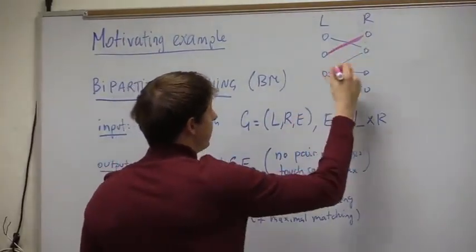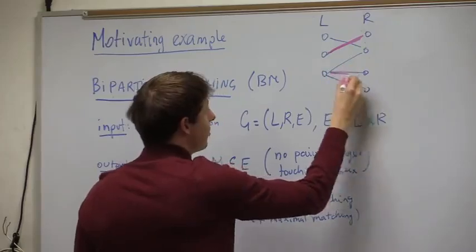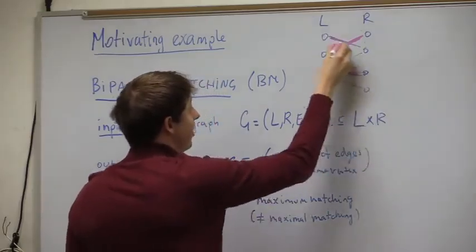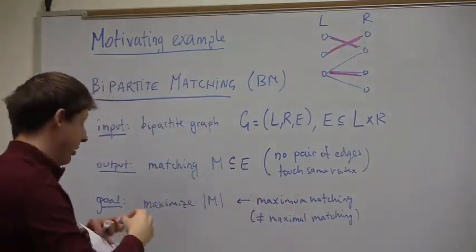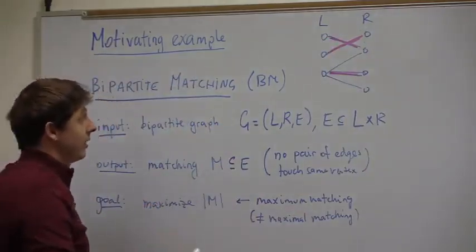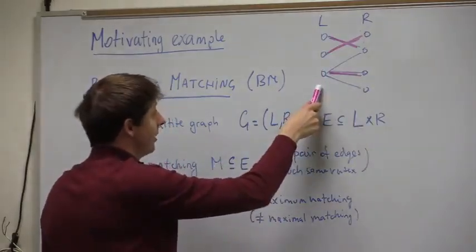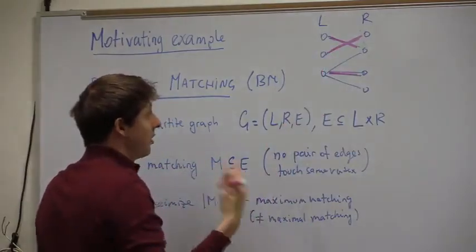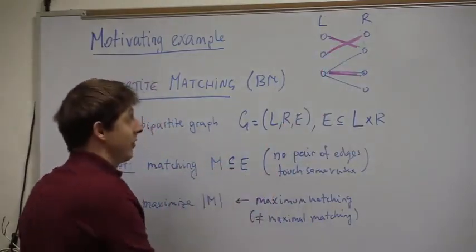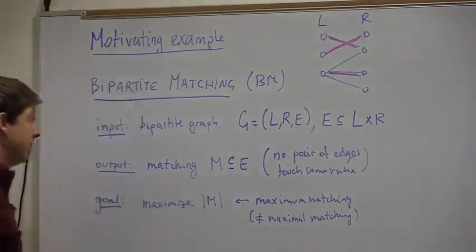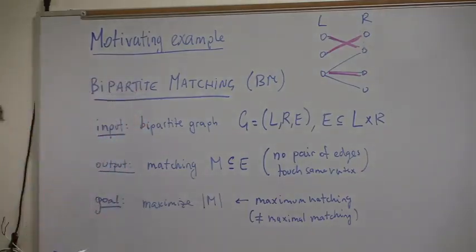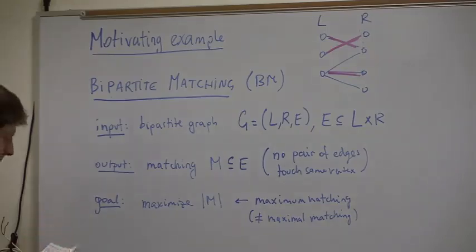But if I also add, say, these 2 edges, then now it becomes a maximum matching because I have a matching of size 3. There are 3 vertices on the left, and certainly I will not be able to increase this matching further. Now, of course, on small, cute examples, we can eyeball it, but the question is, how are we going to solve bipartite matching in general?